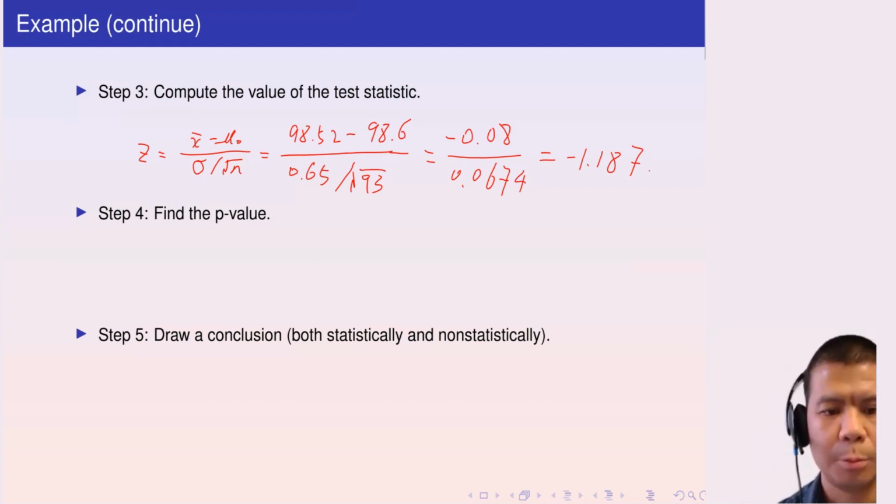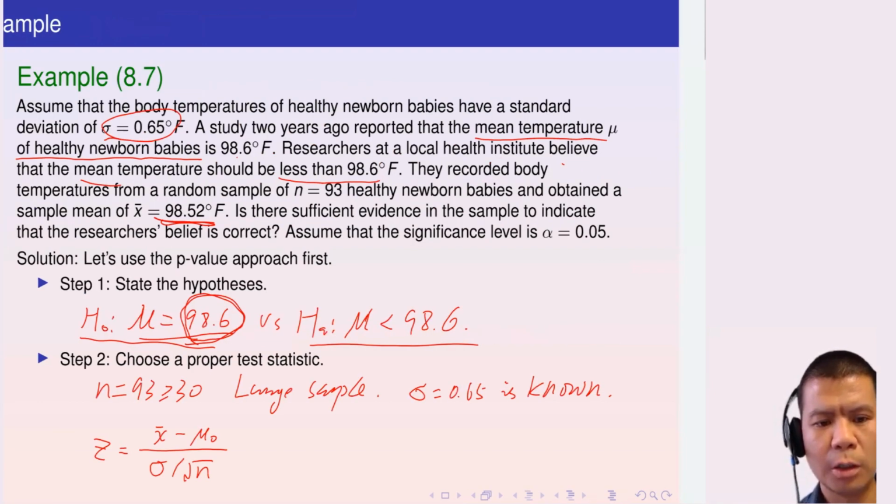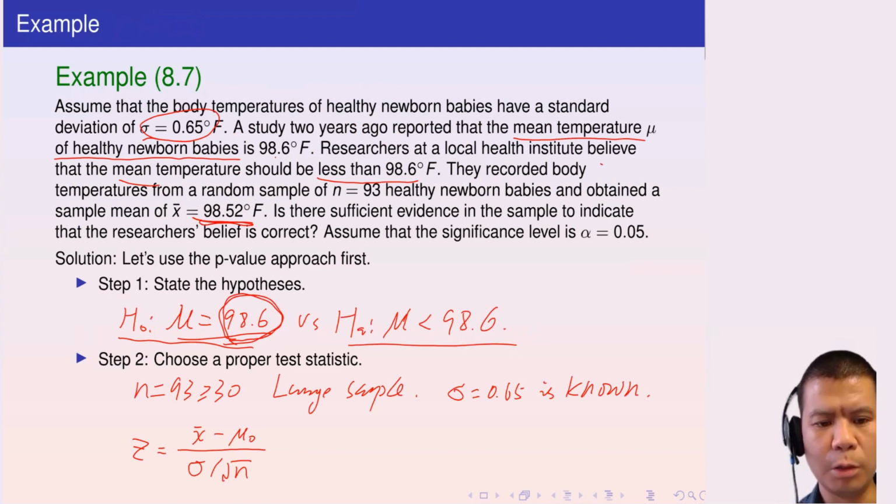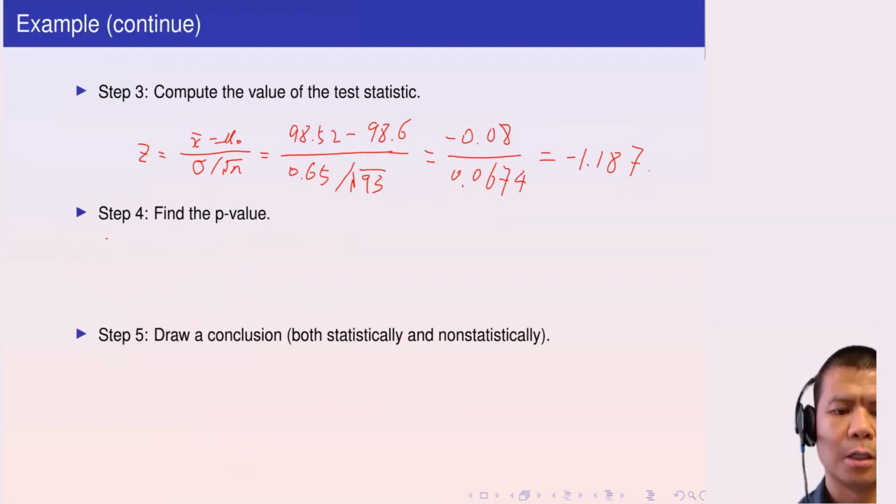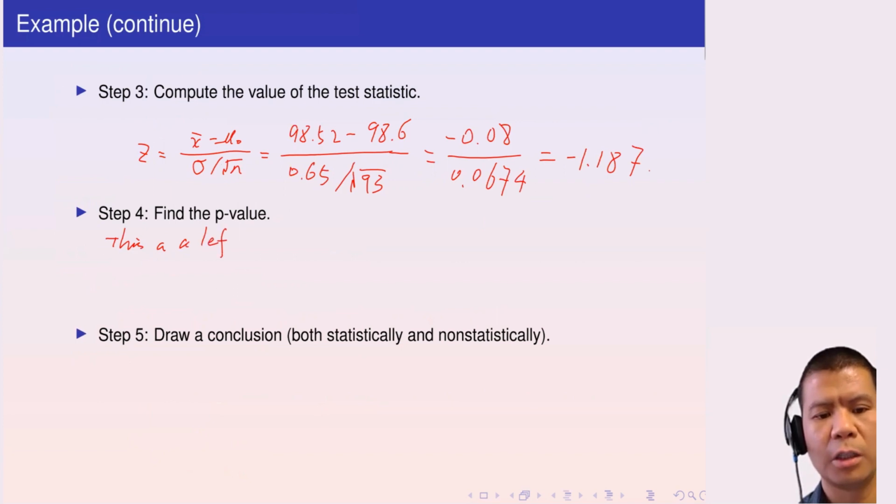Then the p-value. Let's see what the p-value is. In order to use the p-value, remember, we need to see the type of this hypothesis. Since this is less than, this is a left-tailed test.